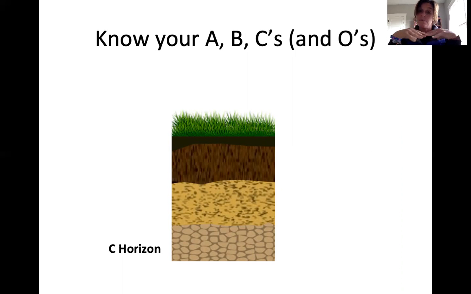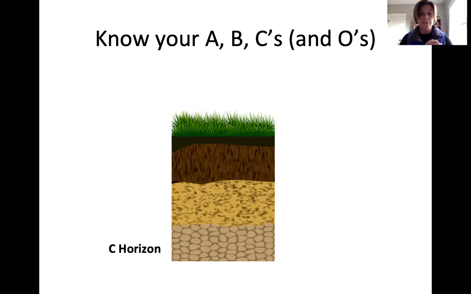This is where the bedrock starts to get broken up, and there are big pieces of rock, but it's not solid anymore. The C horizon is usually pretty far down, so there are no roots growing in it. There's barely any organic matter, if any at all. And it is the bottom that's starting to come up to the rest of the soil.